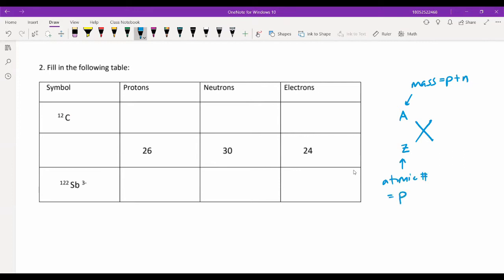that determines the element. And then, of course, here you could have a charge if there is one, and that's going to be related to how many electrons there are compared to the protons in the atom. So if there is no charge, neutral, the same number of positive and negative charges. One thing I'll point out that's also very important to remember is that protons have a positive charge, electrons have a negative charge.